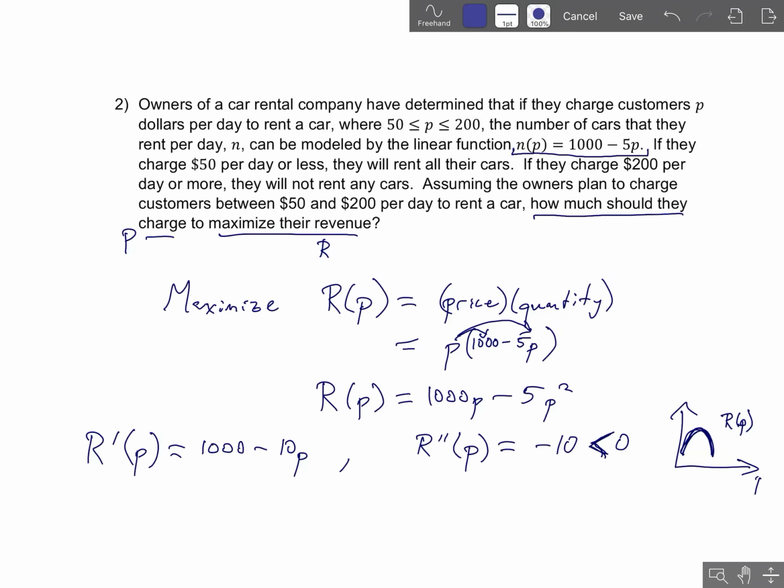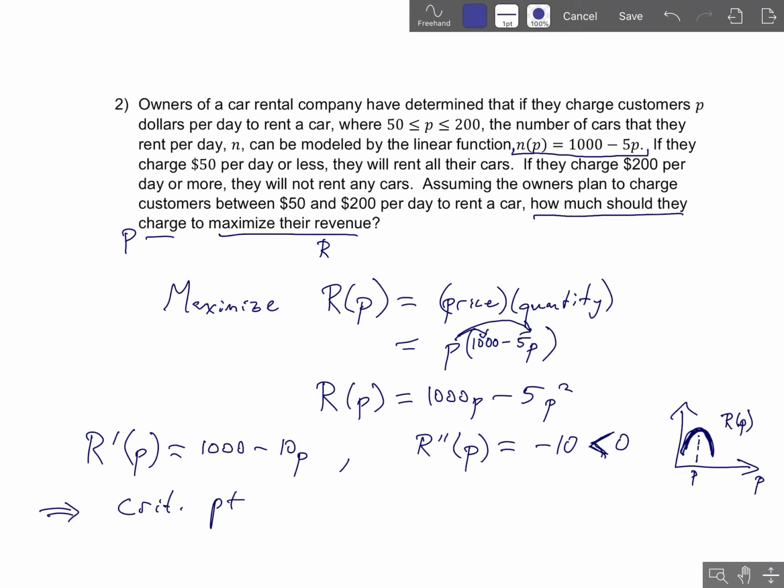So that means that if we were to plot the revenue function as a function of P, it would look something like this. And what we're looking for is the place here, this price P, where the revenue function attains its maximal value. So we're trying to maximize the revenue here.